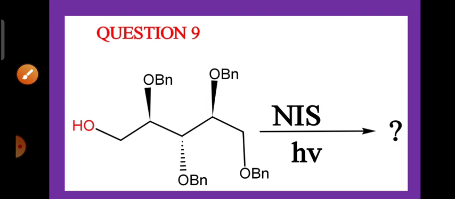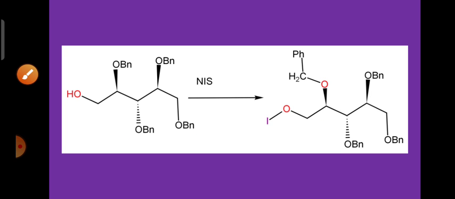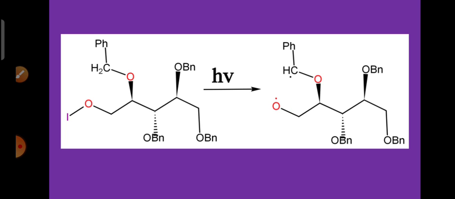So first of all, we have to write iodine at the hydroxy group. The hydroxy group should be changed into the hypoiodite bond. Then in the presence of light, this changes into the free radical. Here Bn means benzyl group, so we have to expand this one.